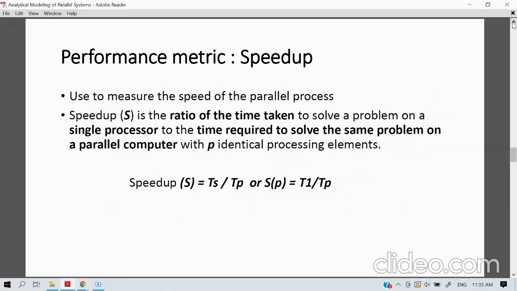Okay, so this is the formula to calculate the speed up. Quickly, everyone try. So S equals TS over TP.